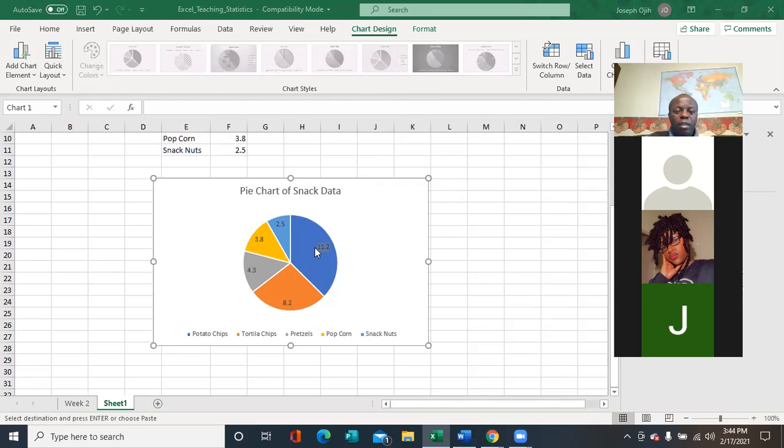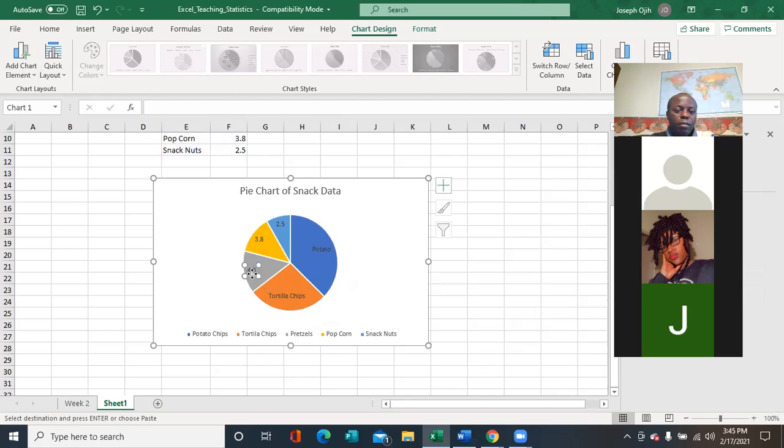So I can just add here that the blue color is for potato chips. Then this color here is for tortilla chips, and so on and so forth. This one here is the preserve. Preserve is the gray color.